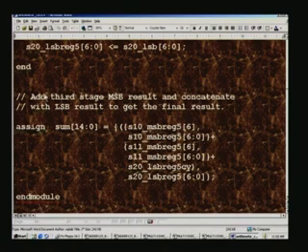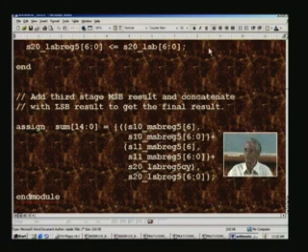Here what we do is add third stage MSB result and concatenate with LSB result to get the final result. What we have done so far is we have added the LSB of the second stage as well as the MSB of the second stage along with the carry that resulted from the addition of LSB, and now we have total value available there, in the form of two outputs, namely S10 as well as S20.